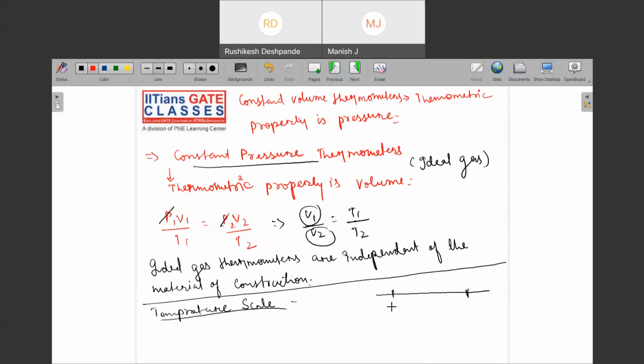Let us say that that is T ice, and any particular substance will start boiling at some given temperature. So these two things are fixed: the steam point and ice point are fixed.